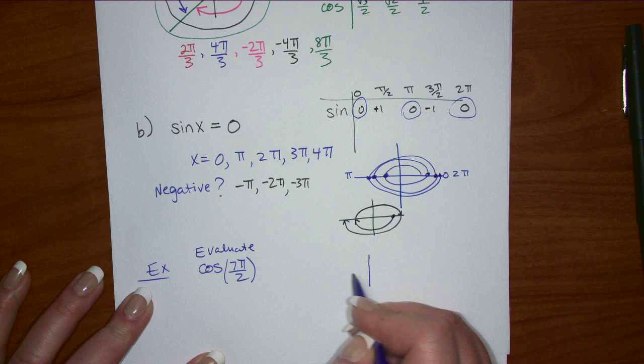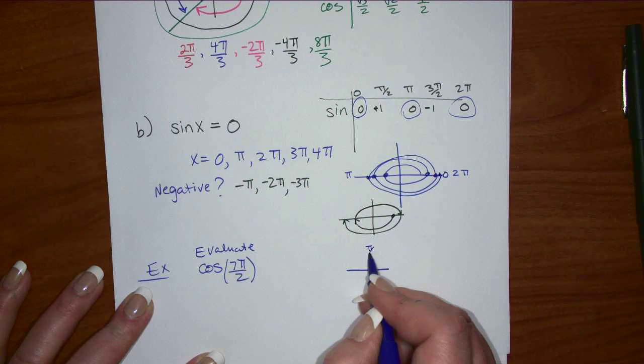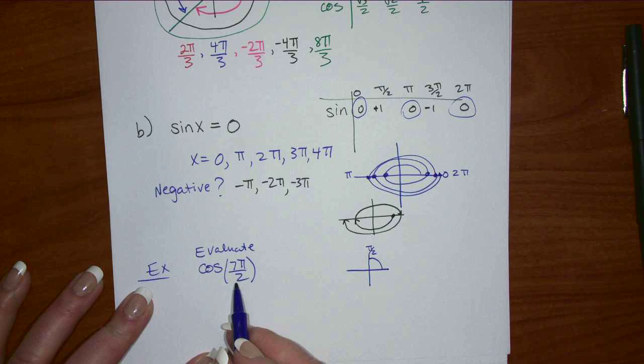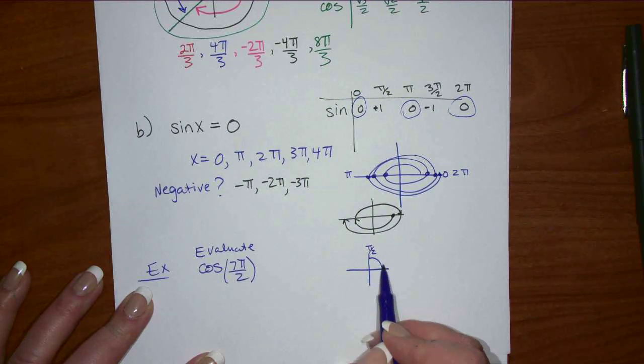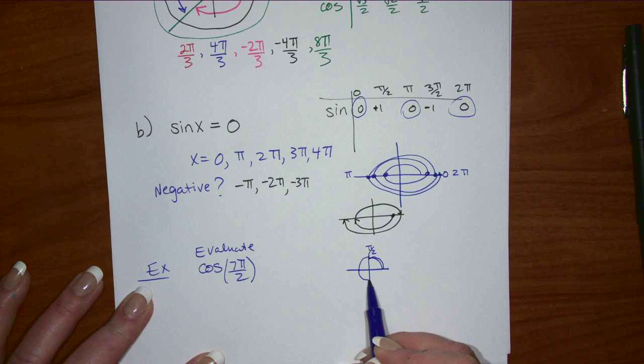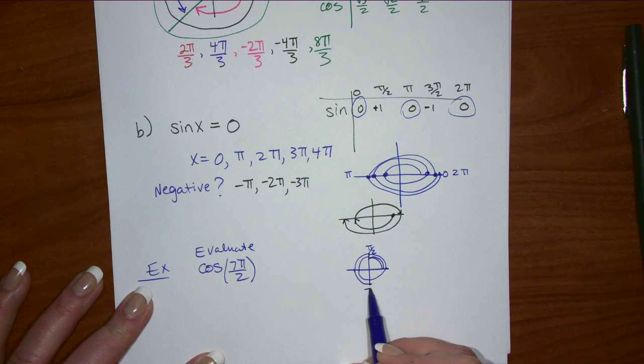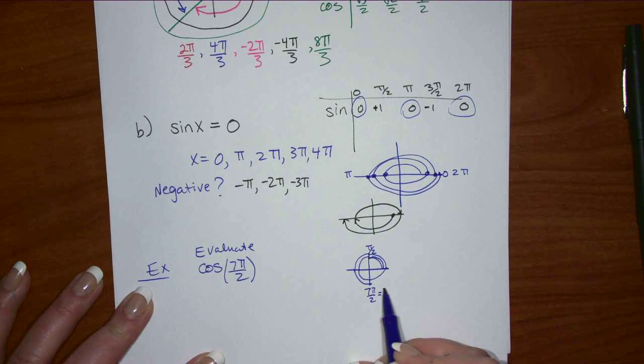So pi over 2 is here, a half, right? And we want 7 halves. So where would that land? So that's 1 half, 2 halves, 3 halves, 4 halves, 5 halves, 6 halves, 7 halves. It lands in the same place as 3 pi over 2.